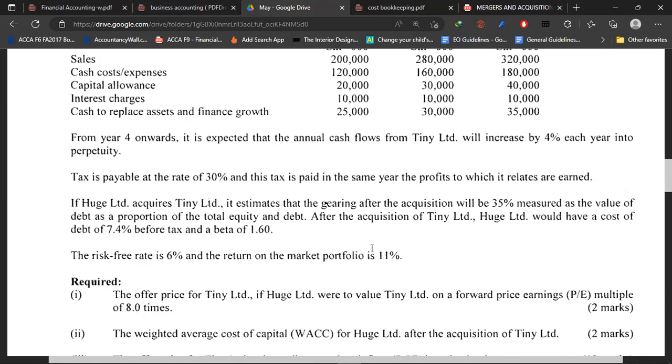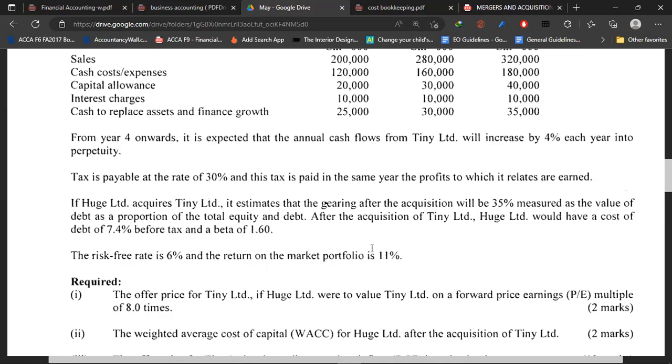If Huge Limited acquires Tiny Limited, it estimates that the gearing after acquisition will be 35%, measured as the value of debt as a proportion of the total equity and the debt. After the acquisition of Tiny Limited, Huge Limited would have a cost of debt of 7.4% before tax and a beta of 1.6. The risk-free rate is 6%, and the return on the market portfolio is 11%.